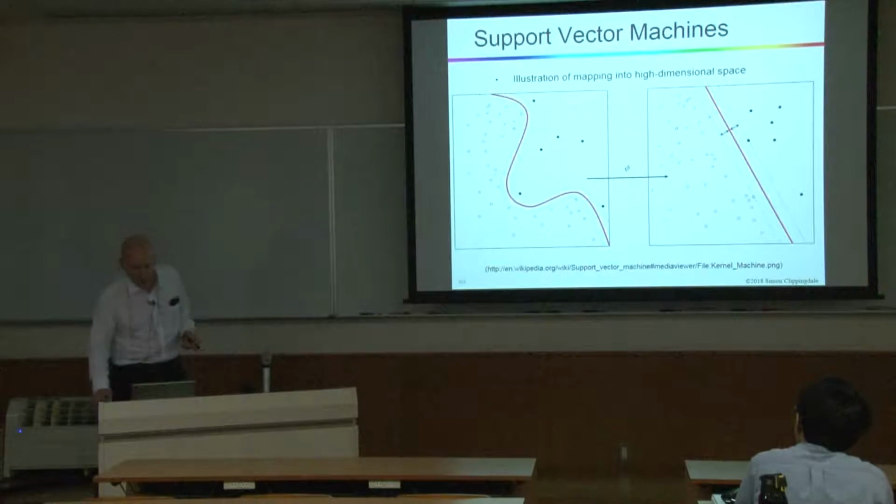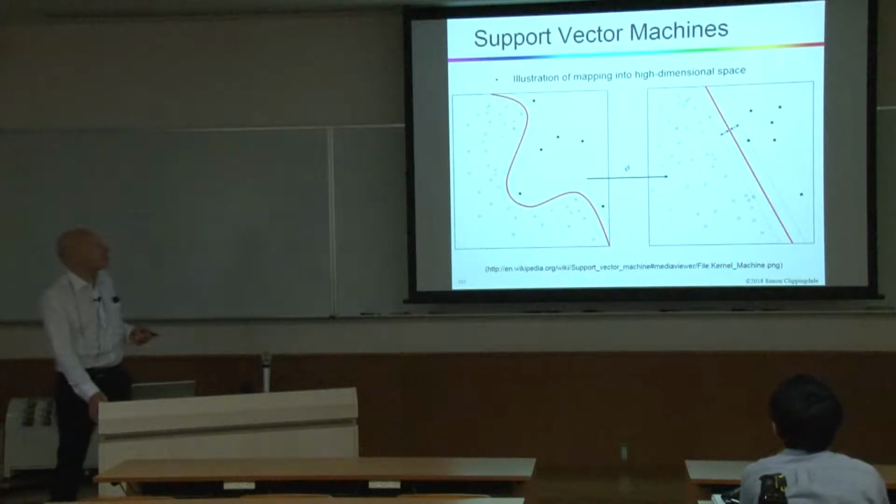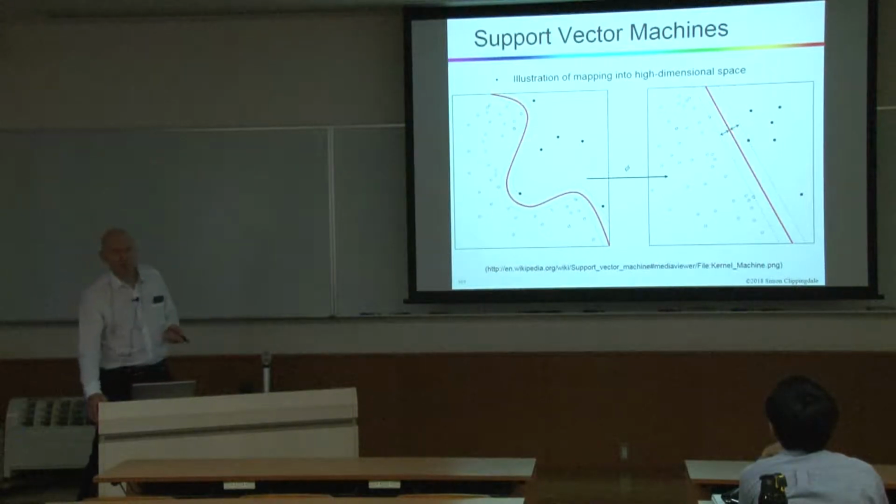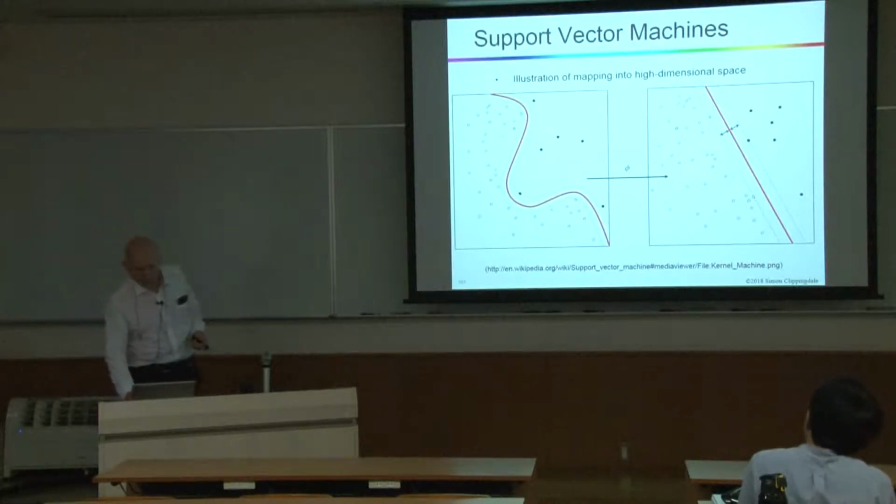And just to pictorialize those, this is an illustration of mapping this linearly inseparable space into a high-dimensional space in which the data is linearly separable. Points on the margin here correspond to points on the margin back here.